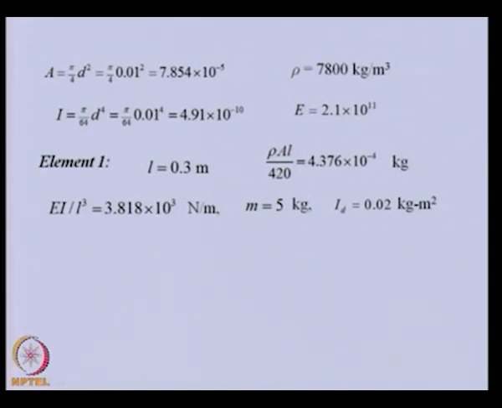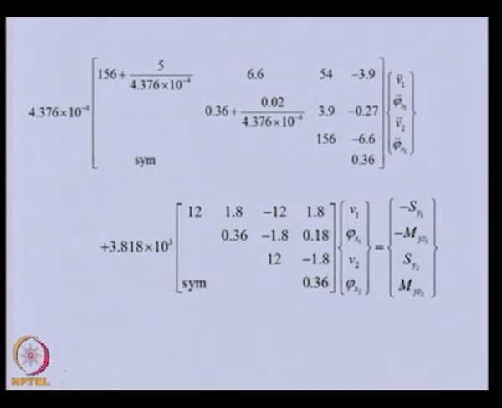For element 1, because the dimensions are given, this is the elemental length, and now this is the elemental equation. So basically, this is the mass matrix, this is the stiffness matrix, and this is the reaction torque. In this particular case, we are not considering any external force.